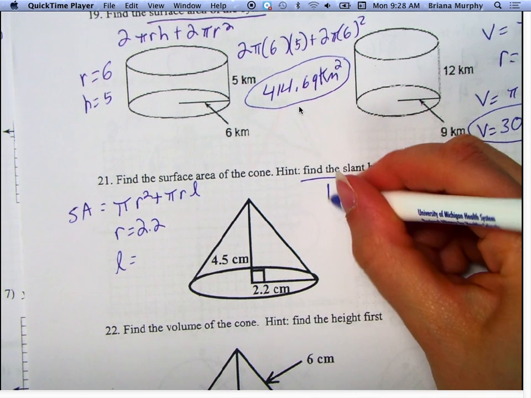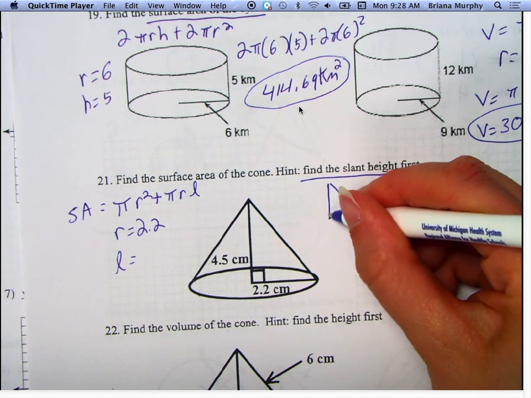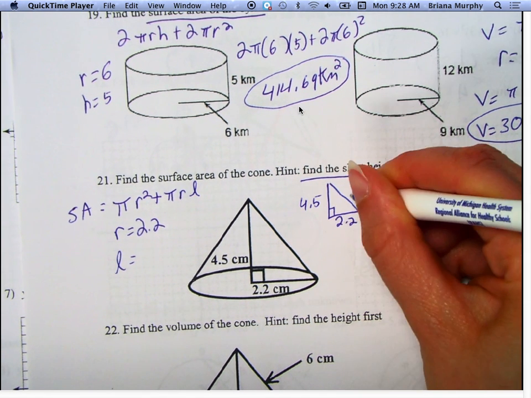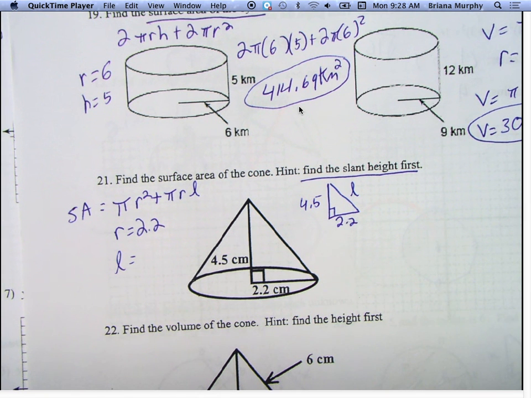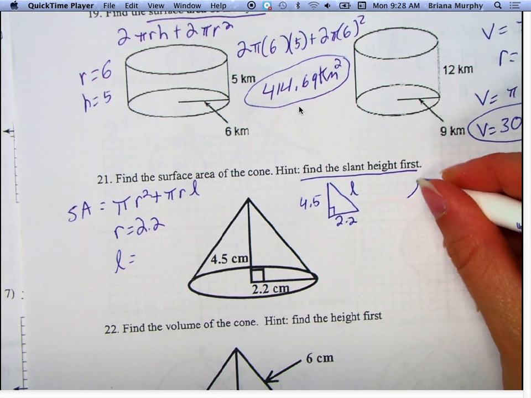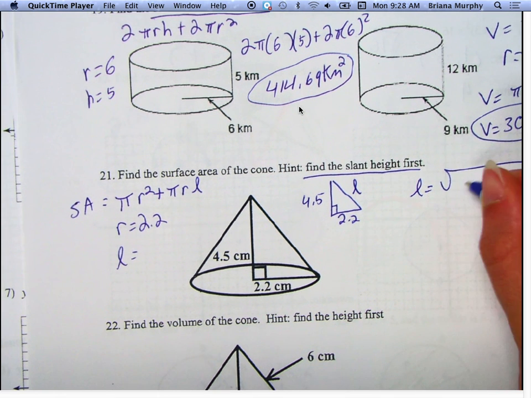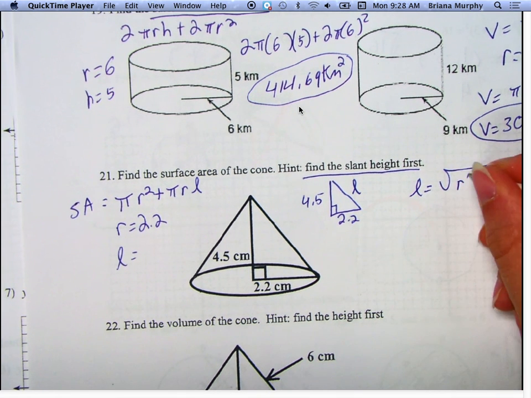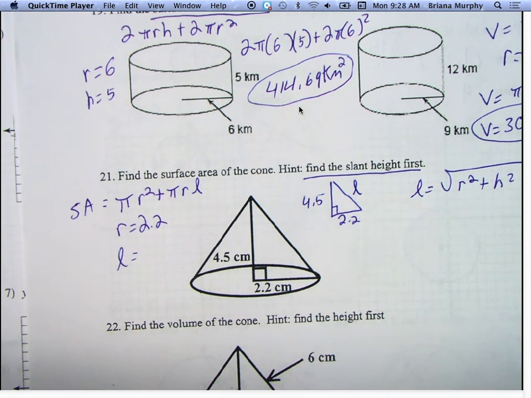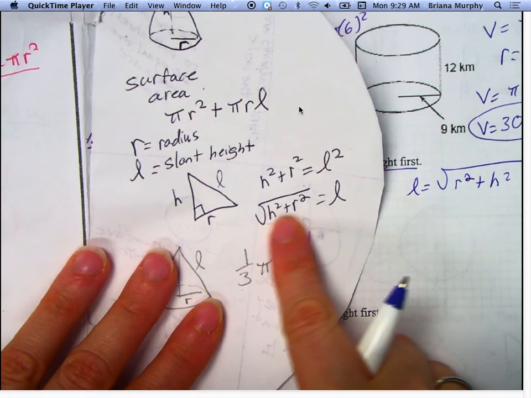So if we want to find the slant height, we've got this right here, right? We can say each of them squared, or we can just use the equation from our circle book. It should be on that last page when we talk about cones, right here.